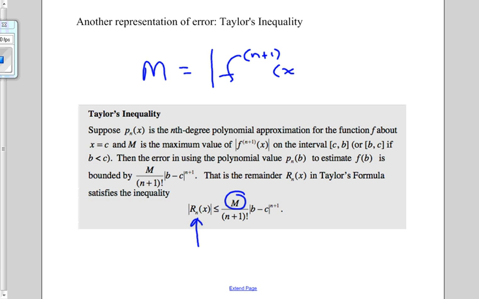It's the maximum of this in between c and x, or x and c.